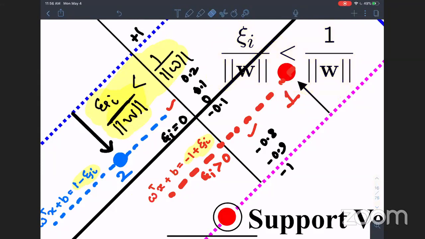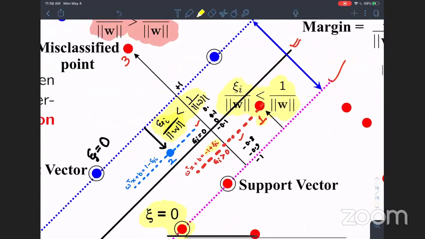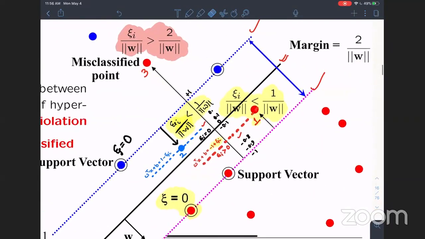the red point 1, right? You have this red point. Then again, use the same formula, put that line, you would have eta_i upon ||w||. So basically the distance of any point now would be eta_i upon ||w||. Just think of it like that.